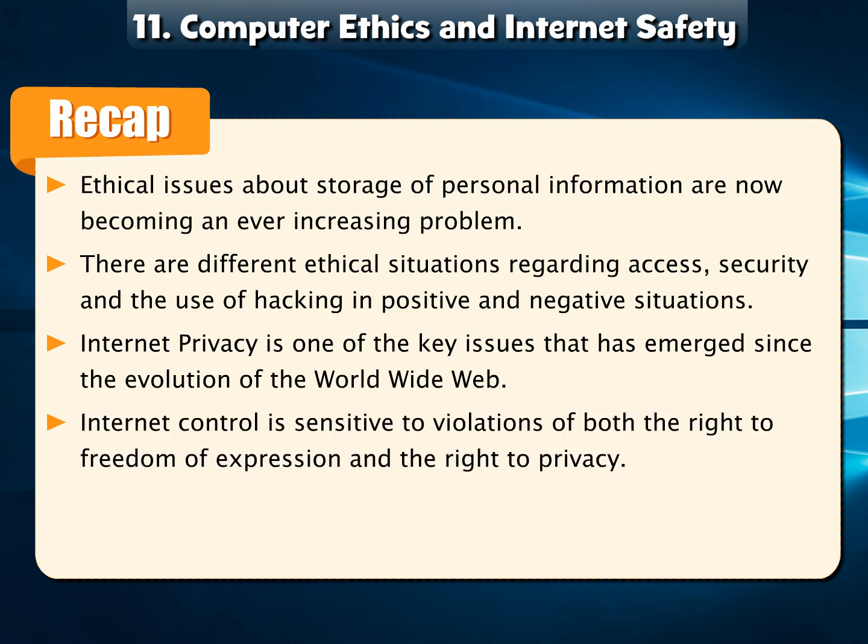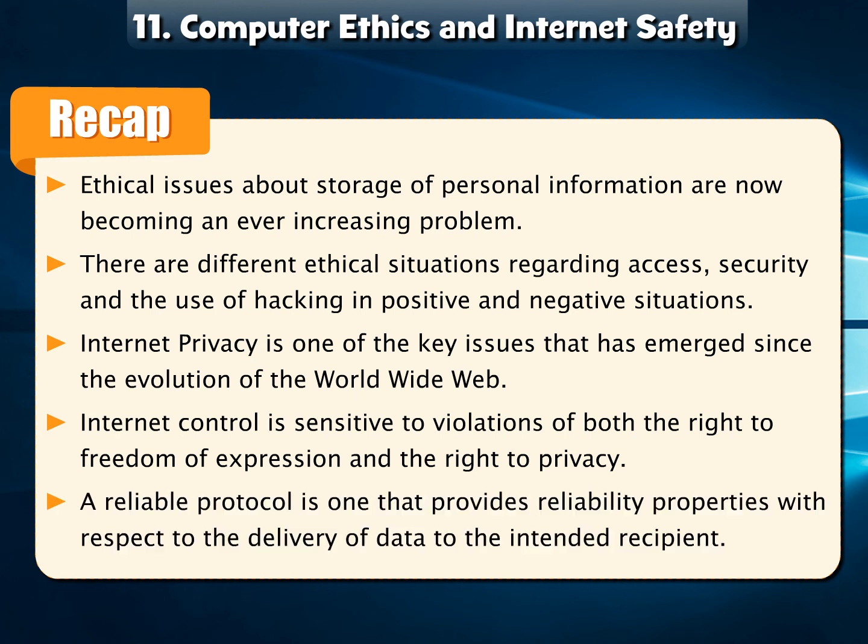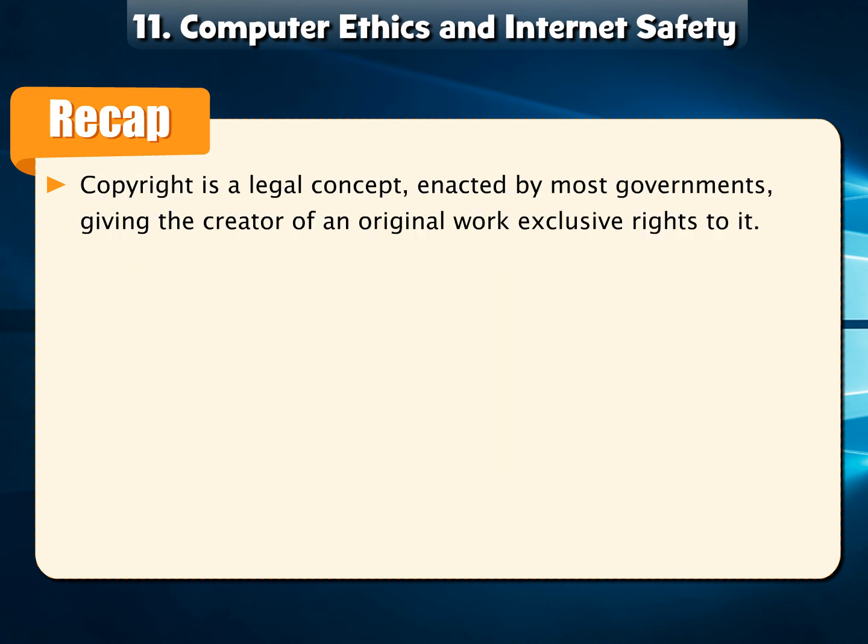Internet control is sensitive to violations of both the right to freedom of expression and the right to privacy. A reliable protocol is one that provides reliability properties with respect to the delivery of data to the intended recipient. Copyright is a legal concept enacted by most governments, giving the creator of an original work exclusive rights to it.